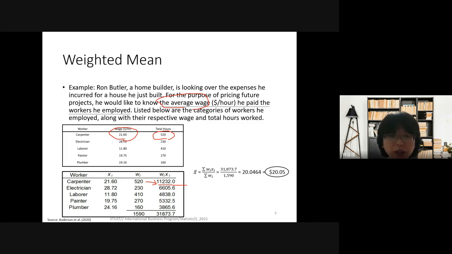And for the electrician it is also the same. Then when you add them together, you get such a result and divide it by the weight, to get the average wage you pay for the workers per hour.